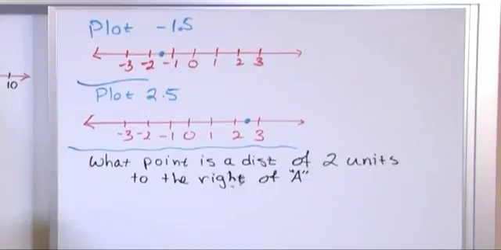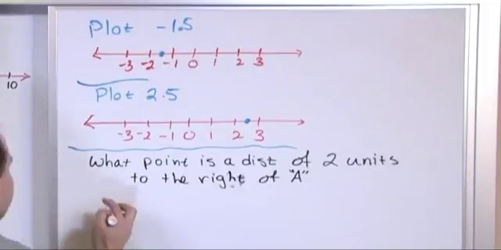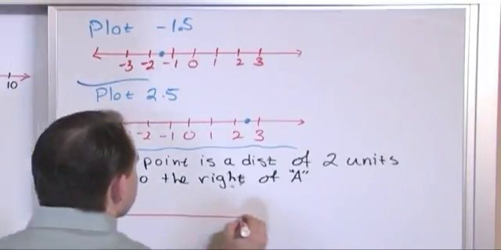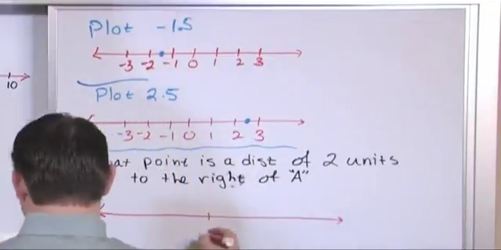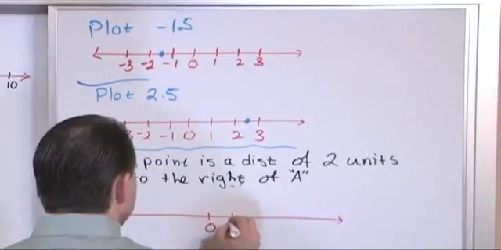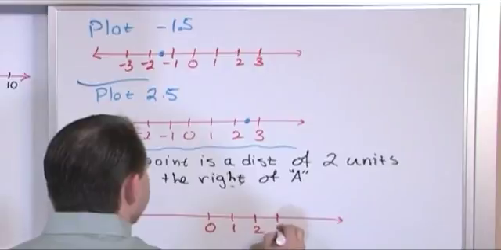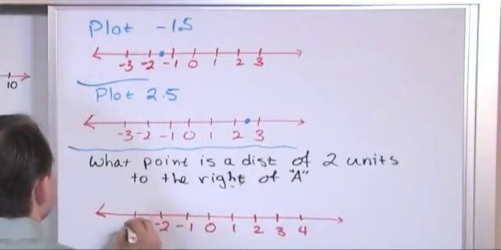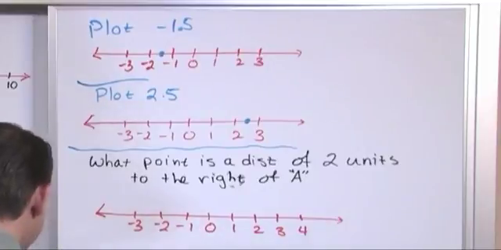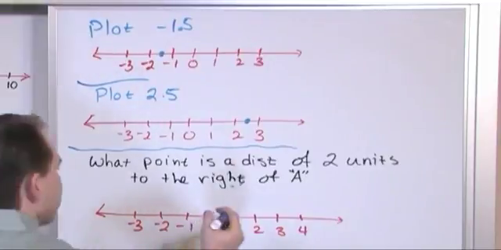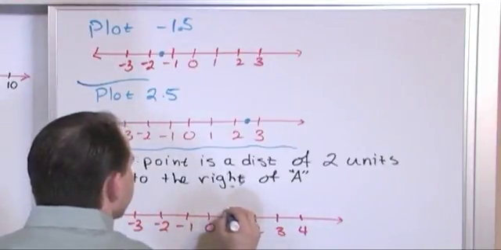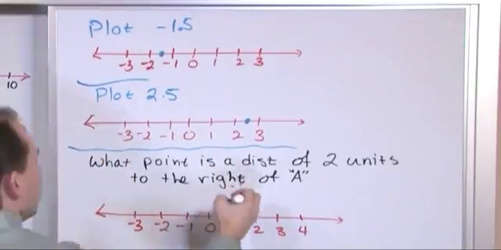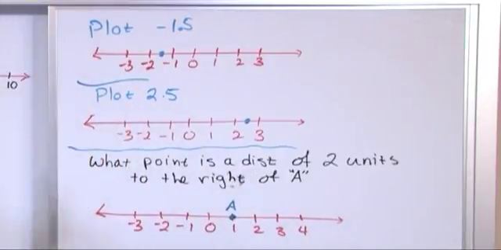I haven't even drawn the point A yet, so don't worry too much about it. What I'm going to provide to you is a number line, right? So you have 0, 1, 2, 3, 4, -1, -2, -3. Now the point A, I'm going to say, is right here at the number 1. That's the point A.